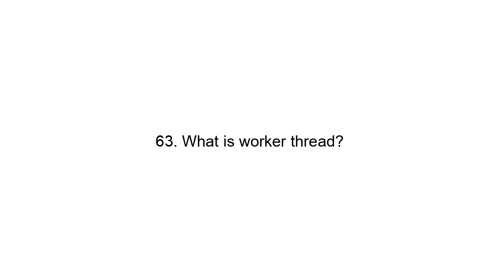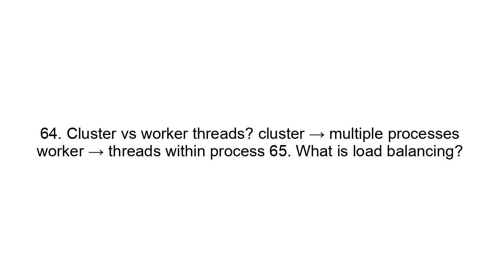63. What is worker thread? Parallel execution in Node. 64. Cluster versus worker threads. Cluster means multiple processes. Worker means threads within a process. 65. What is load balancing? Distributing traffic. 66. What is reverse proxy?